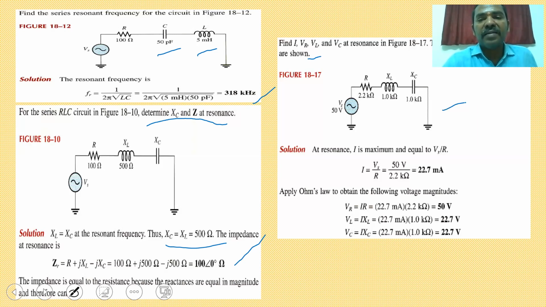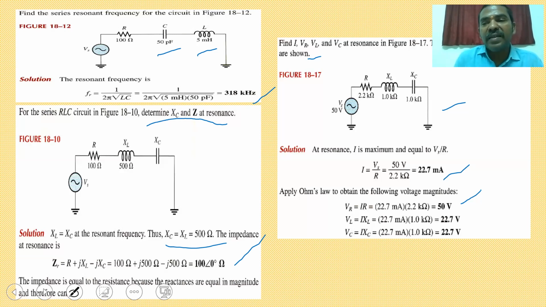What is R? 2.2 K. By substituting that you can get 22.7 milliamperes. Then the voltage drop across the resistor is I into R. That is 22.7 milliamperes into 2.2 kilo ohms. You can get 50 volts.